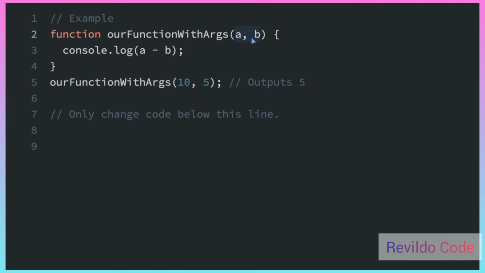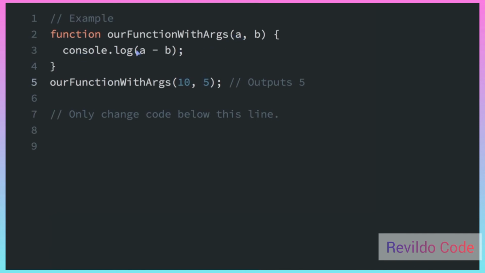And that means that when this function is called, we're going to pass data into the function, or input data into the function. So you can see the example here where we're calling the function, and instead of saying A and B in the parentheses, we're actually passing the values 10 and 5.